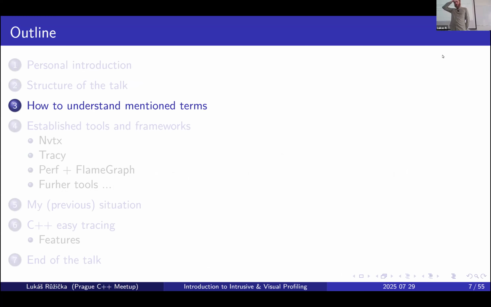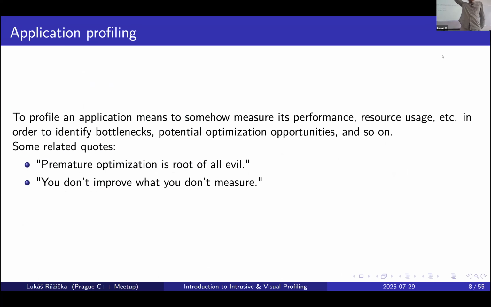Just to synchronize on those basic terms, application profiling, what does it mean? It's a process when you have some kind of application you are developing or you take care of, and you want to measure performance, right? You have many options like micro benchmarking and system tests and whatever.